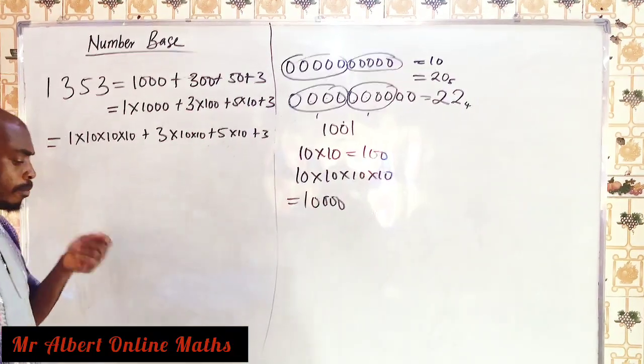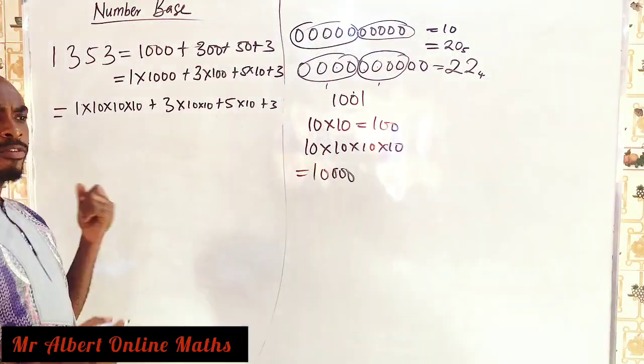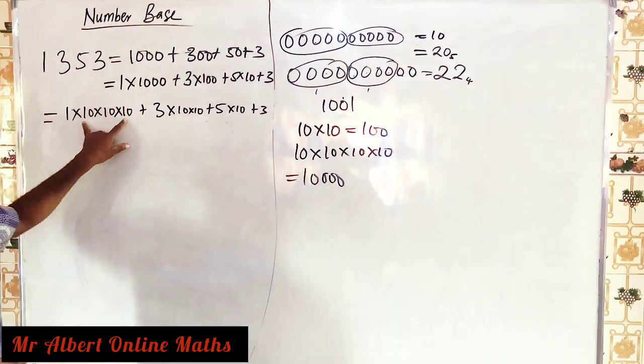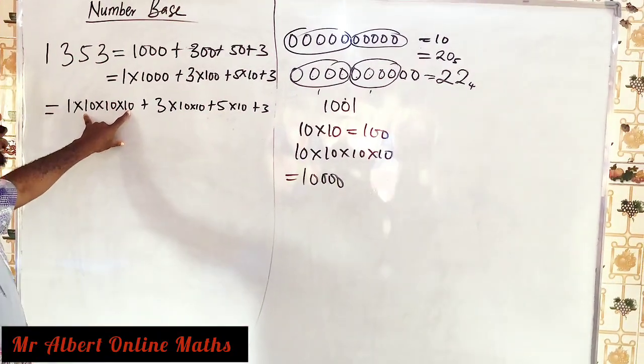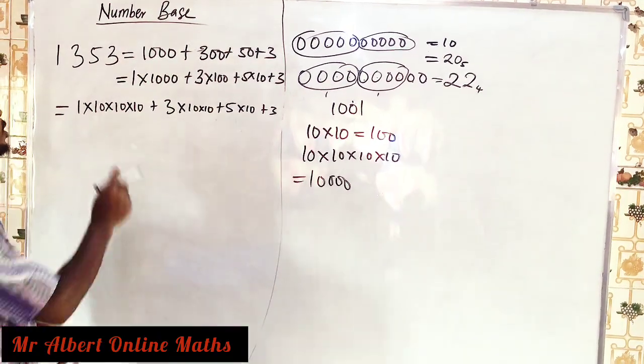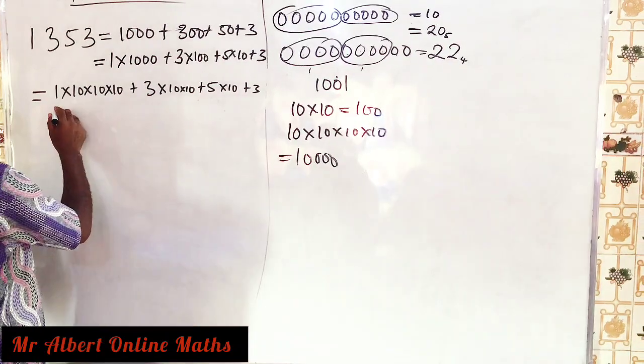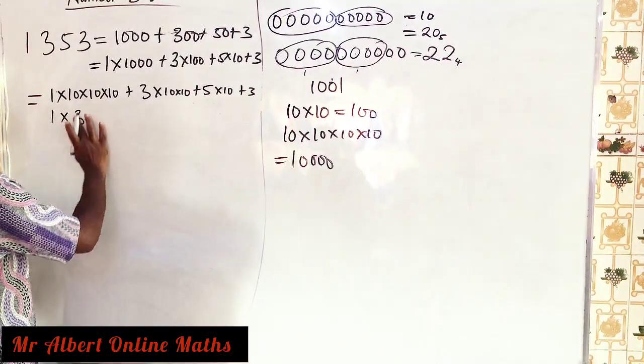So if I write this in index form, remember index notation shows how many times a number is multiplied by itself. 10 times 10 times 10 means 10 is multiplied by itself in 3 places.